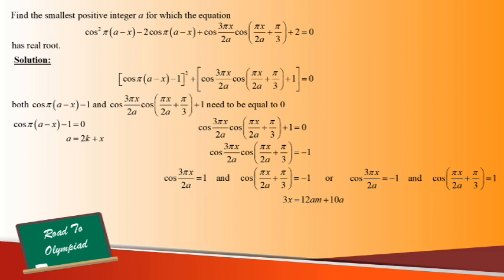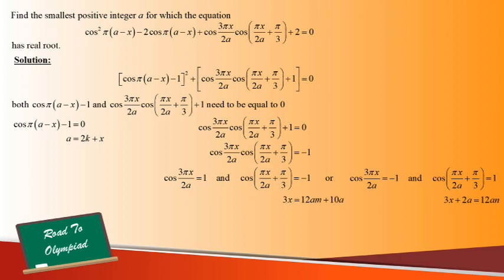For the second case, when cos(πx/2a + π/3) is equal to 1, we have πx/2a + π/3 equal to 2nπ for some integer n. Similarly, multiplying by 6a/π on both sides gives us 3x + 2a = 12an. For both cases, we have a is a multiple of 3.